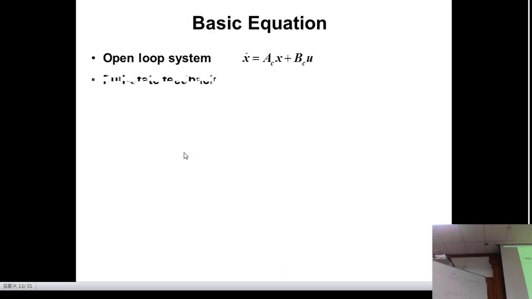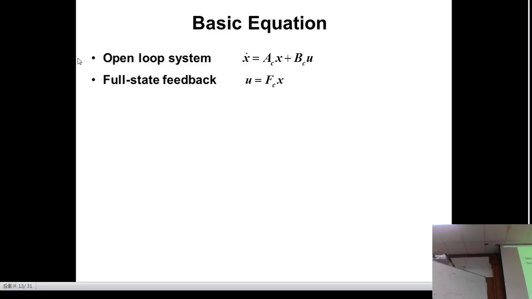Now, let us look at the real pole placement technique. I'm going to show you. Listen carefully, because we have to use a null space concept.